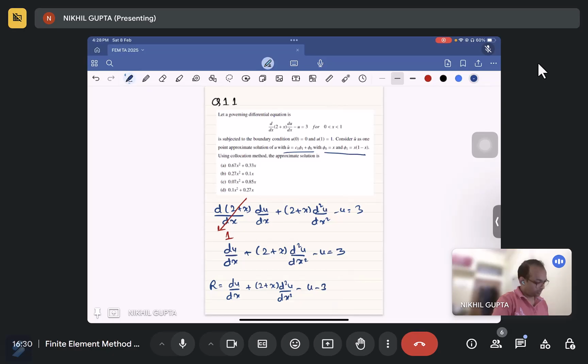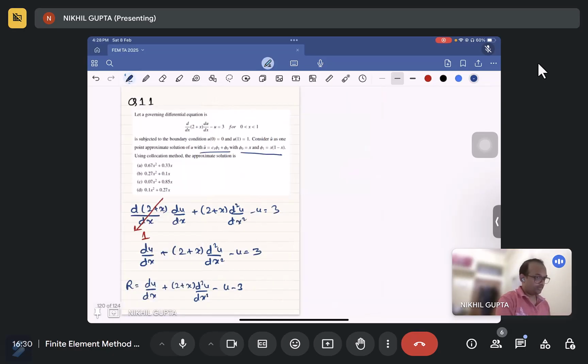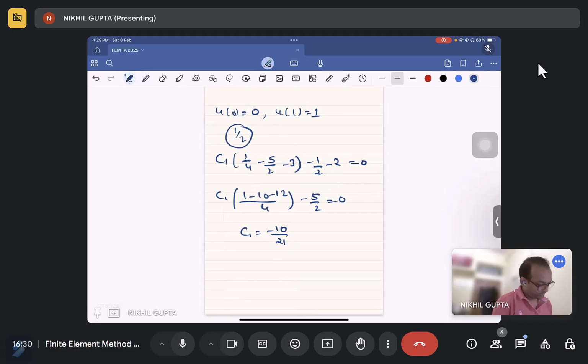Now we are asking for the approximate solution, so you have to apply this in U as well. When you write U, U is equal to c1 phi 1 plus phi naught, which becomes minus 10 by 21 of (x minus x square) plus x.